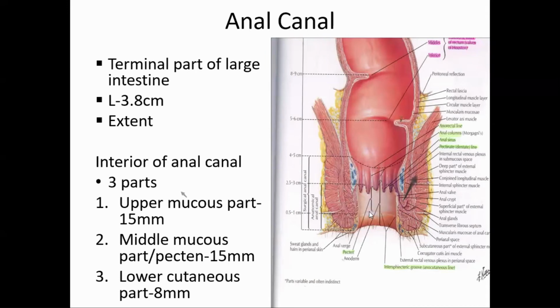The anal canal is divided into three parts: upper part, middle part, and lower part.